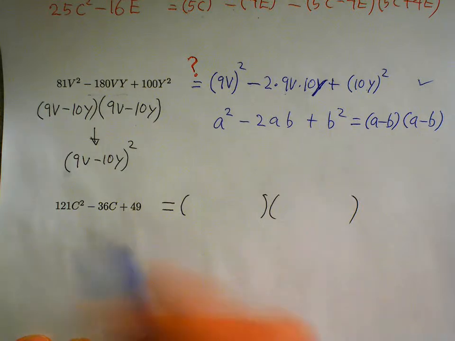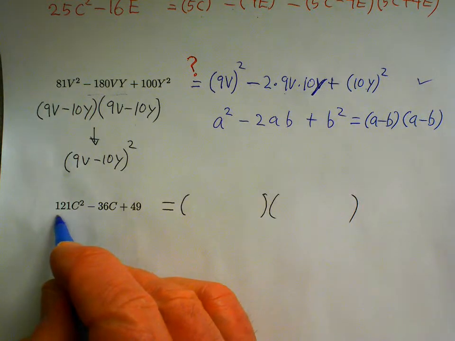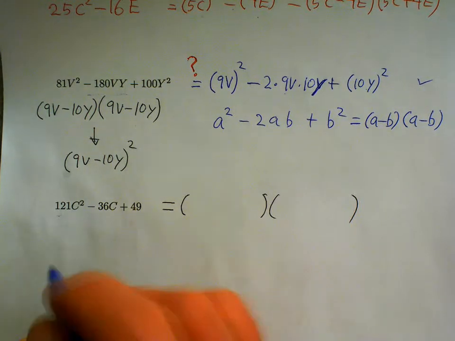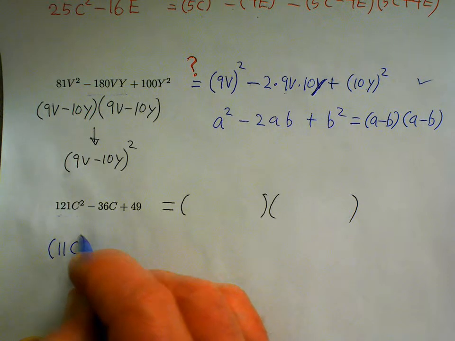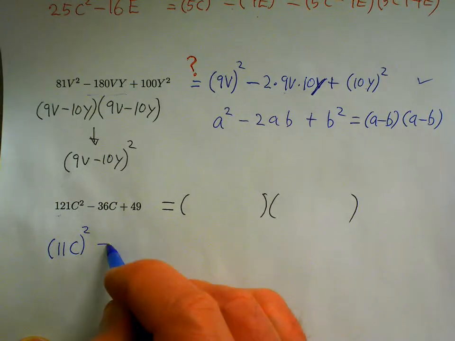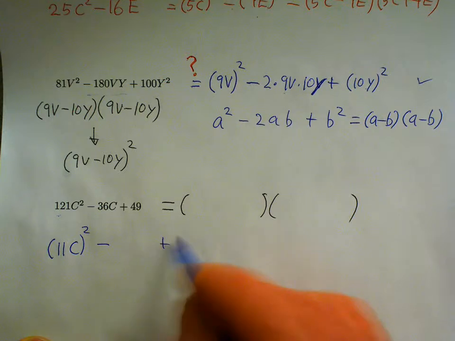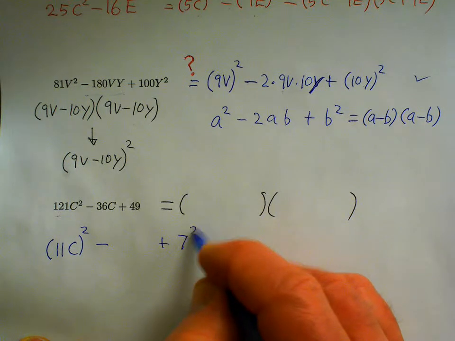Well, time's running out. So 121c to the second is a perfect square. That's the same as squaring the term 11c. 49 is the same as 7 to the second.